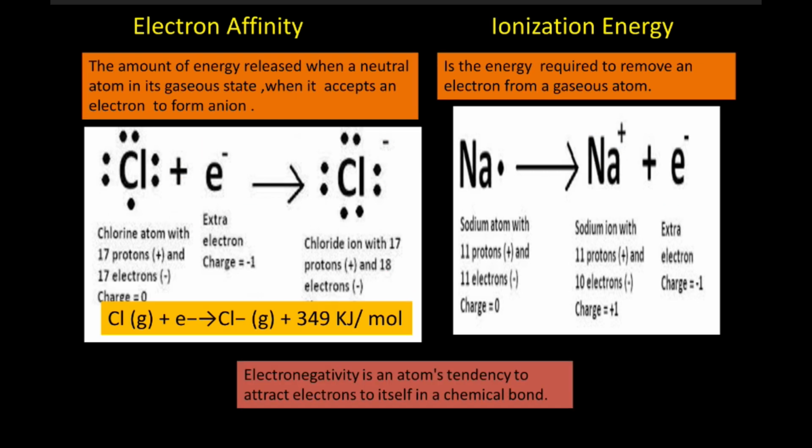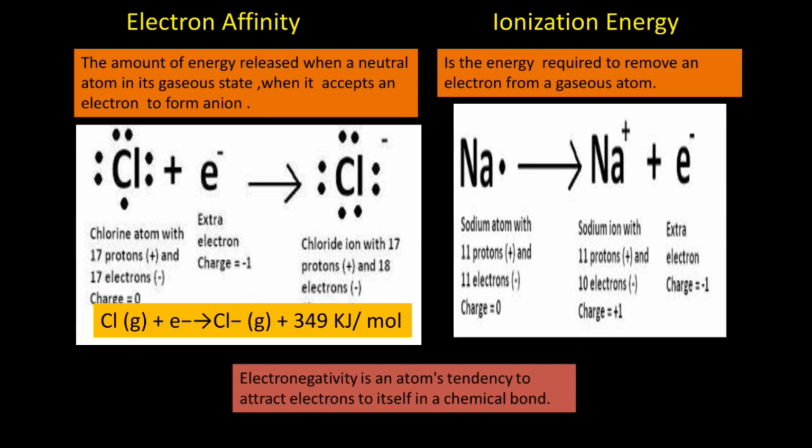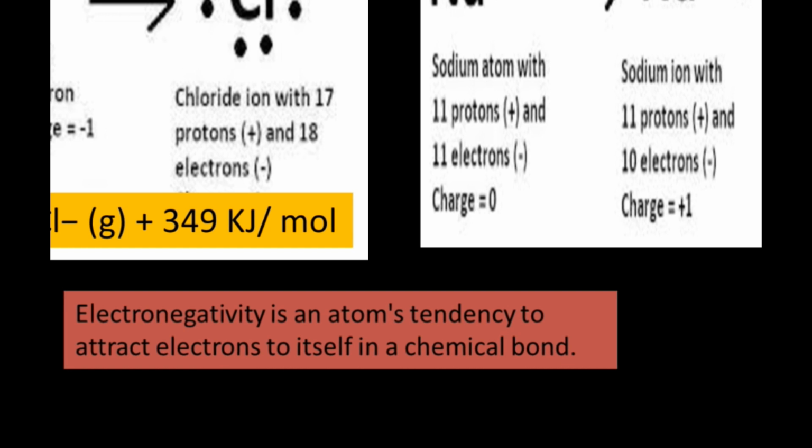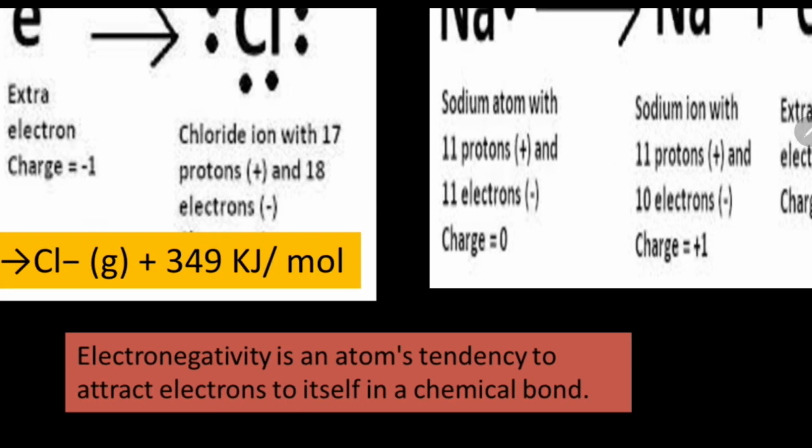Next is electronegativity. Now what is electronegativity? These are the terms you should know. Electronegativity is an atom's tendency to attract electrons to itself in a chemical bond. Here we are going to talk about the bonded electrons, HCl. If it breaks, it gives H plus and Cl minus.